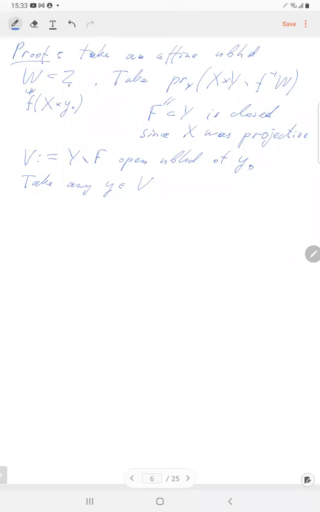Then if we take the corresponding fiber, X times y, it lands into W. But W is affine, and X times y is projective.